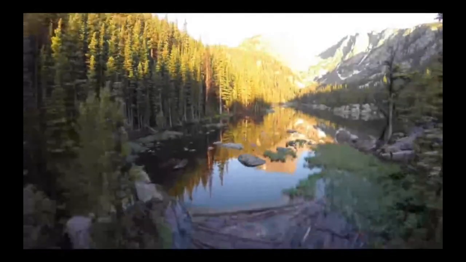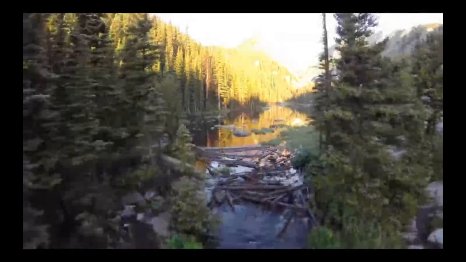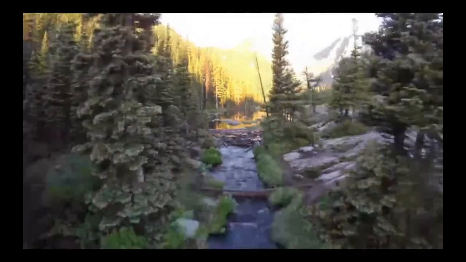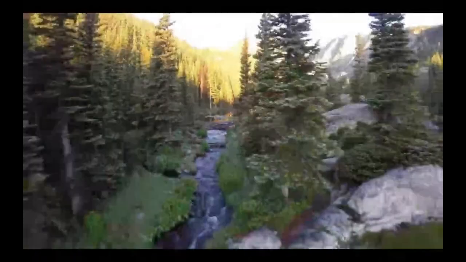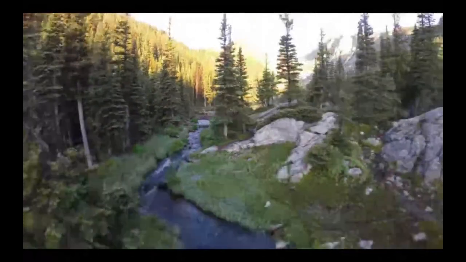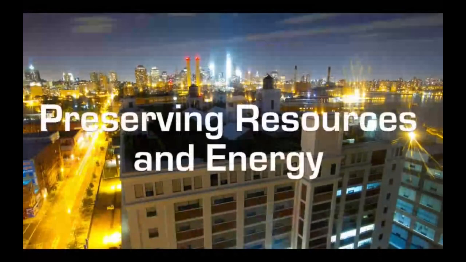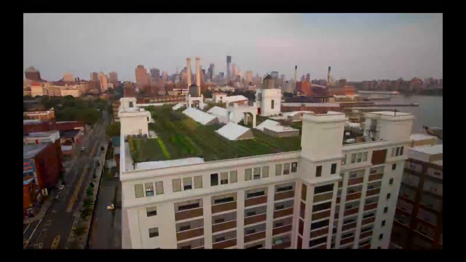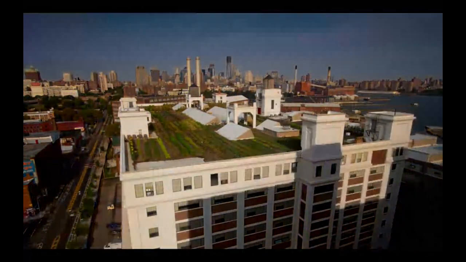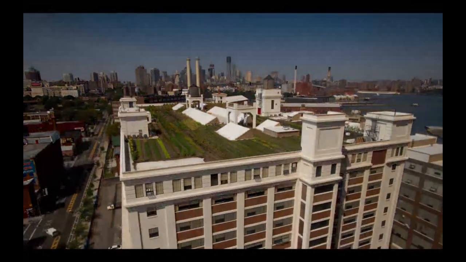Sustainability can be broadly defined as the ability of something to maintain itself. Biological systems such as wetlands or forests are good examples of sustainability, since they remain diverse and productive over long periods of time. Seen in this way, sustainability has to do with preserving resources and energy over the long term, rather than exhausting them quickly to meet short-term needs or goals.